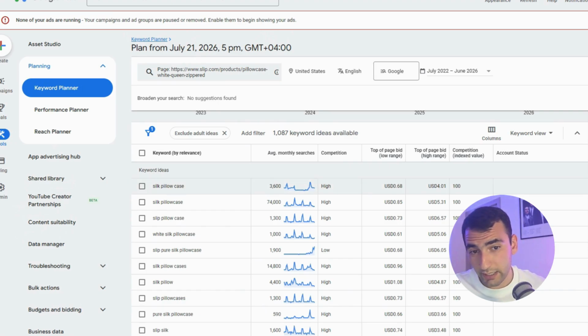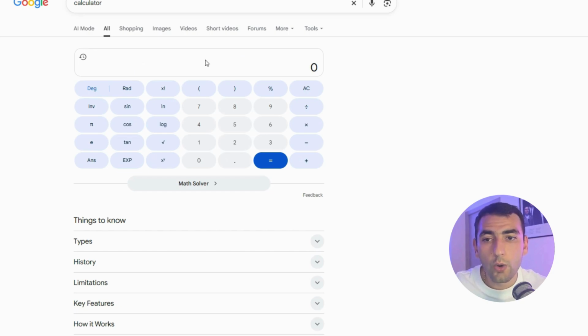So in this case, we will land at around $1.10 to $1.20, and that would be our estimated cost per click. Now that we know our estimated cost per click, we can estimate that for 100 clicks, we're going to pay $120.